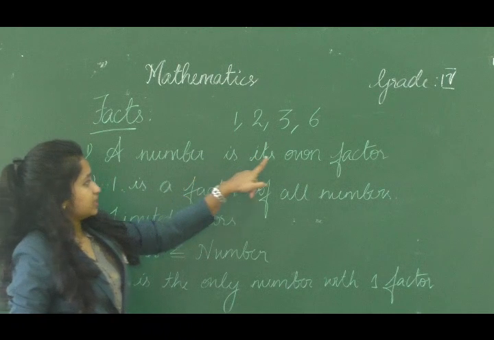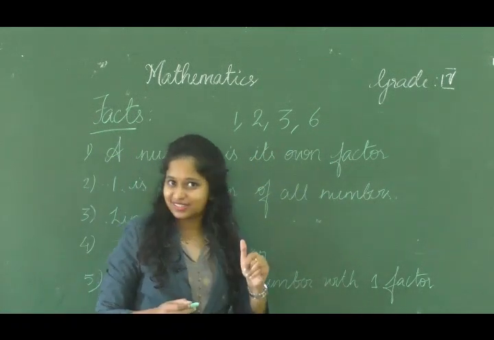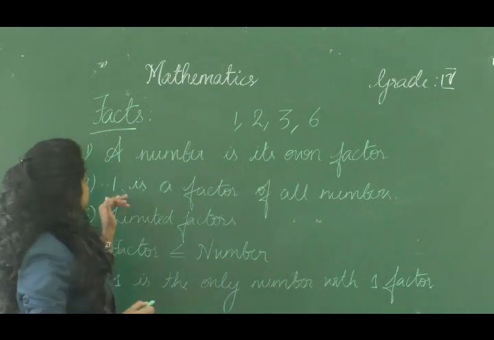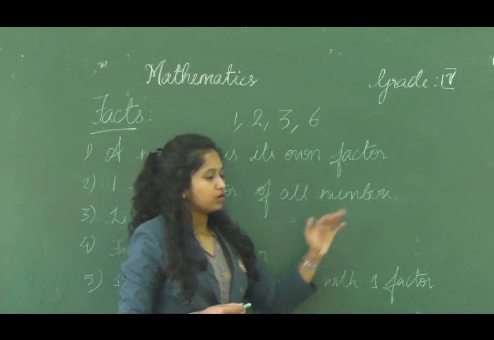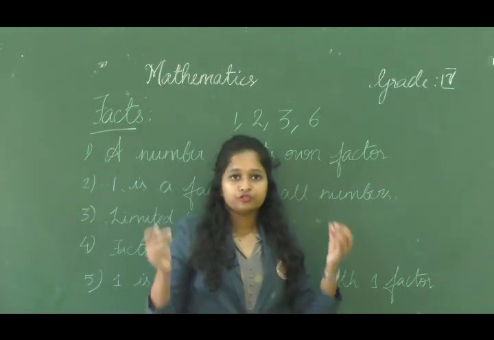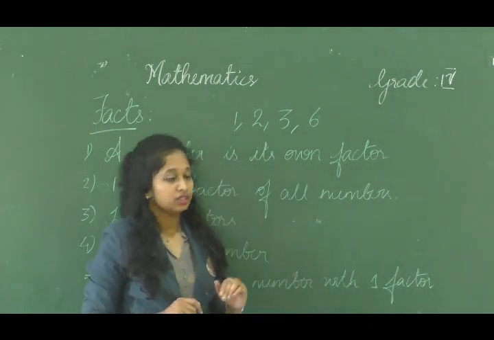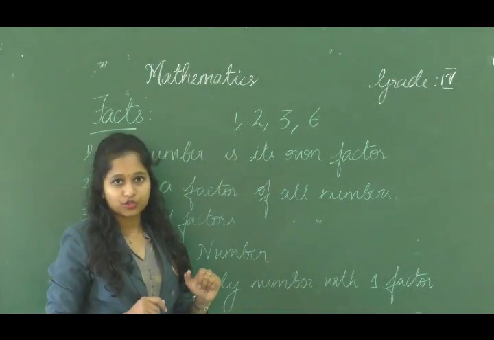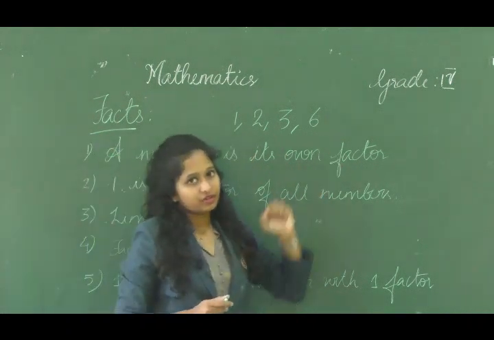A number is its own factor. 6 is a factor of 6, isn't it? Yes. Next is 1 is a factor of all numbers. Take any number, for sure 1 will be a factor. Okay. Here also if you notice, you can find 1 is a factor of 6.